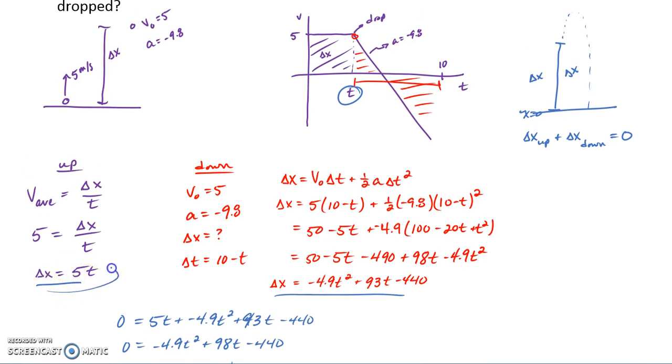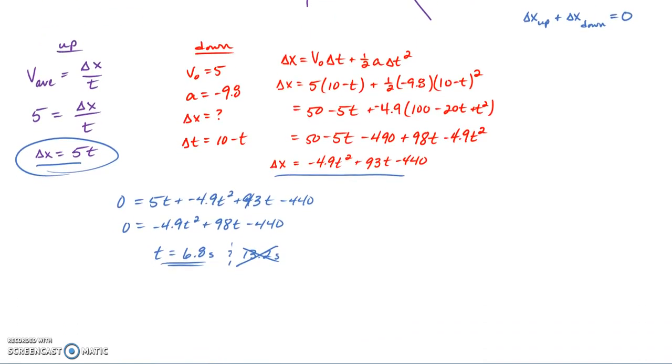I'm going to go back and use this equation here, and replace my t, where I have my displacement equals 5t, with delta x equals 5 times 6.8, and figure out that my displacement is going to be 34 meters. Well, isn't that nice? So that, my friends, is my final answer, as to the height that the rock was dropped from.